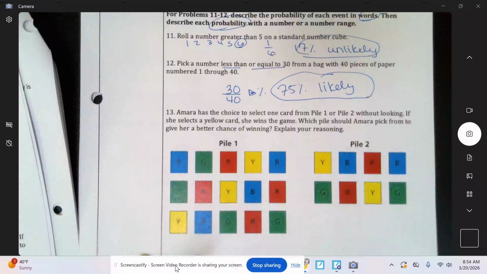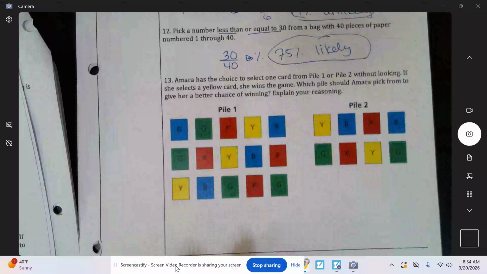Alright, I'm going to do a debate here. Amara has the choice to select a card from pile 1 or from pile 2 without looking. If she selects a yellow card, she wins the game. Which pile should Amara pick from to give her a better chance of winning? Which one do you think is better, just looking at it? Jacob? 2.